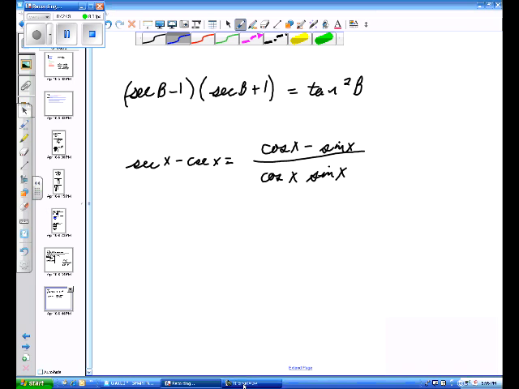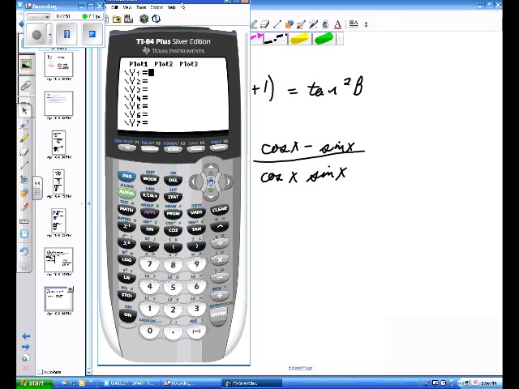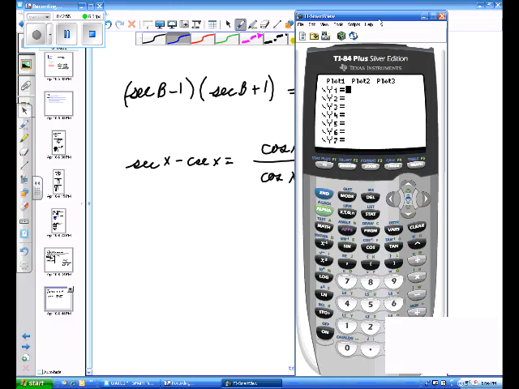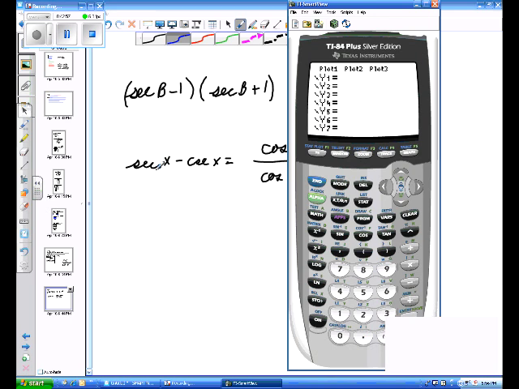We don't know, so we want to start out. So let's take the first one, and we want secant, which is cosine x, close parentheses, reciprocal, minus cosecant, which is sine x, close parentheses, reciprocal.